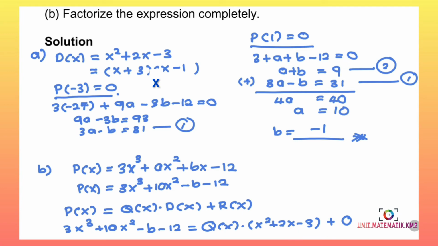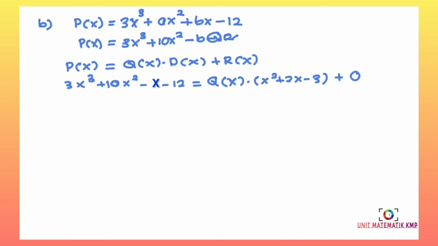Okay, from here, we want to factorize completely. Before we can factorize, we should look at the left hand side, where the highest degree is x^3. We still do not know what is q(x), and we know that the divisor is x^2. So the left and the right hand side should be equal. So x^2 times x^1 here, so that it can be x^3.